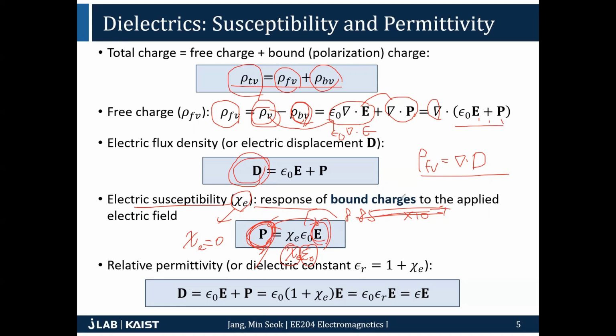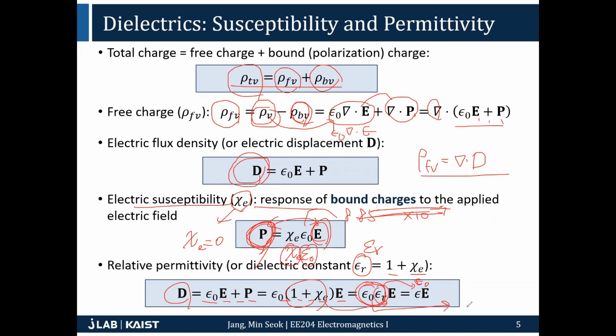And then we can also define a relative permittivity, which is 1 plus chi E. This is called epsilon R, or the dielectric constant. If you define it this way, D is epsilon naught E plus P, which is epsilon naught times (1 plus chi E) times E, and this factor is epsilon R. If you multiply these two, we call it just epsilon without the 0.